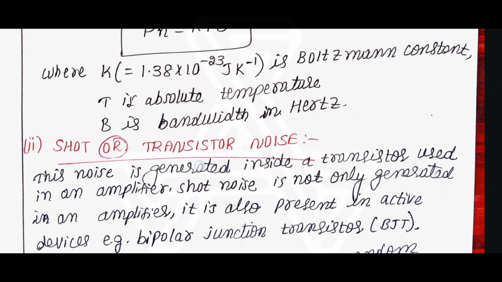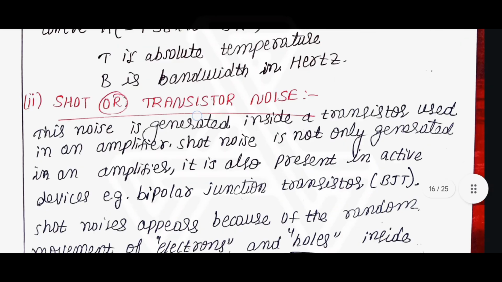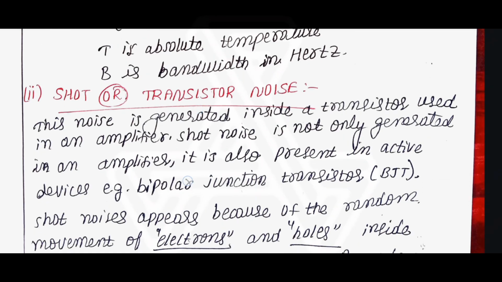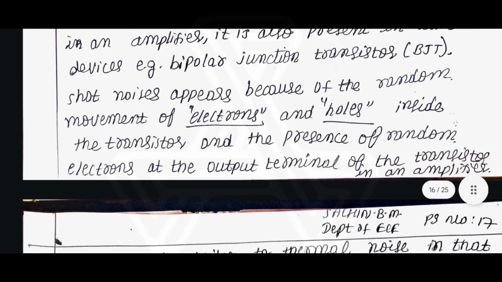Shot or transistor noise. This noise is generated inside a transistor used in an amplifier. Shot noise is not only generated in an amplifier, it is also present in active devices, for example bipolar junction transistors. Shot noise appears because of the random movement of electrons and holes inside the transistor and the presence of random electrons at the output terminal of the transistor in amplifiers.